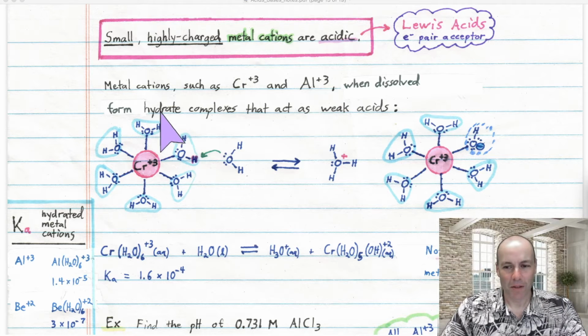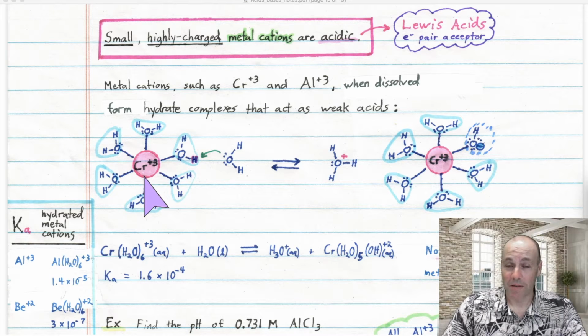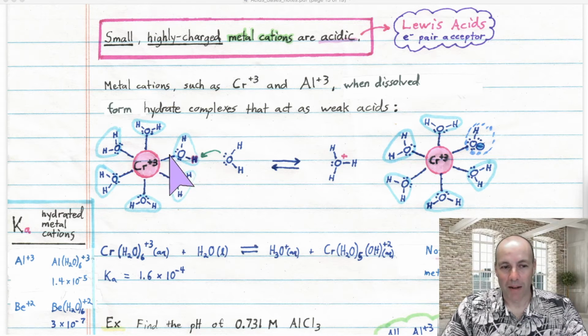So here's a diagram of one of those complexes, and you can imagine how this forms. Suppose you have a chromium +3 that just dissolved in water. It's a very small, powerful, positive charged ion. And, being small, the water molecules are able to get close to it and bond to it more readily.